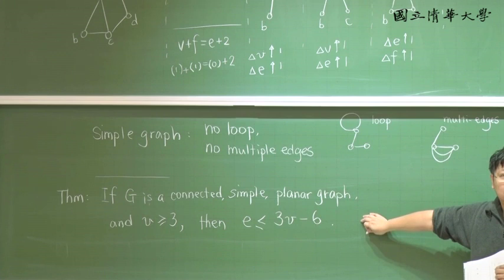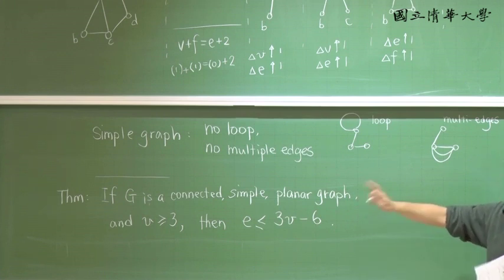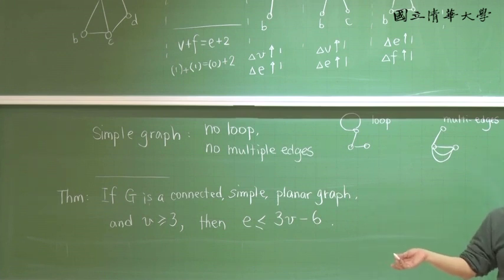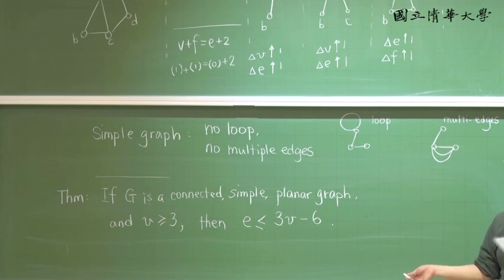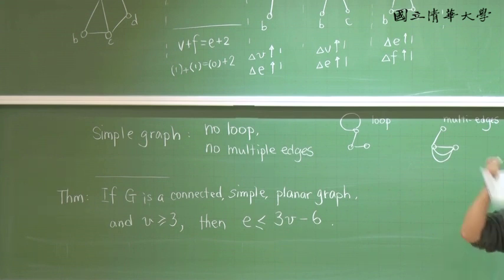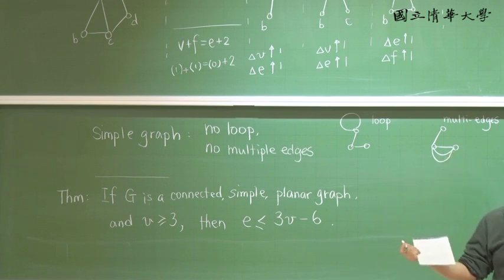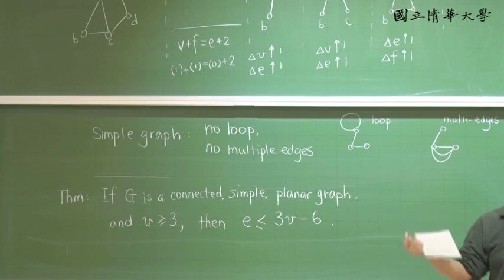This is a statement, if P then Q. It has equivalent meaning as if not Q then not P. So it means that if E is greater than 3V minus 6, then the graph cannot be planar. Is that okay? This is really the reason that we are showing K5 is not planar.